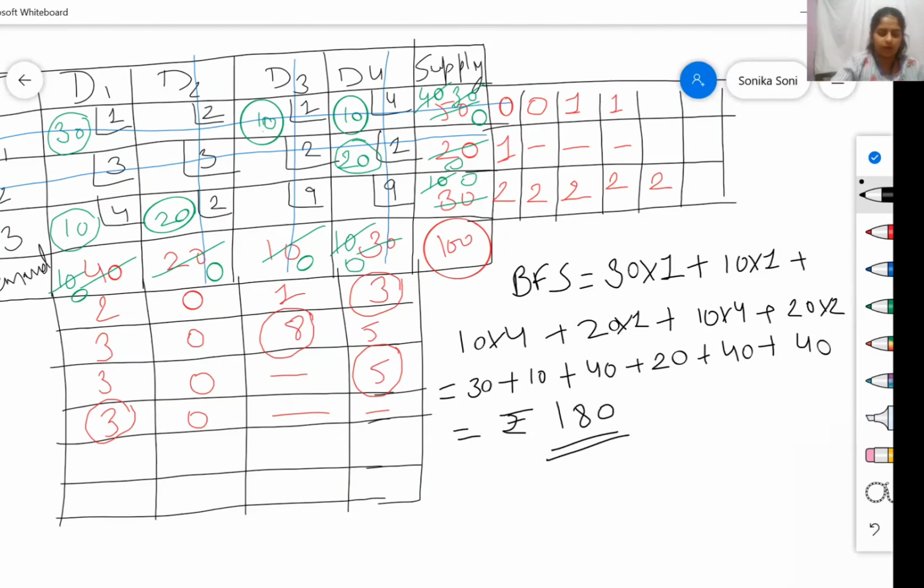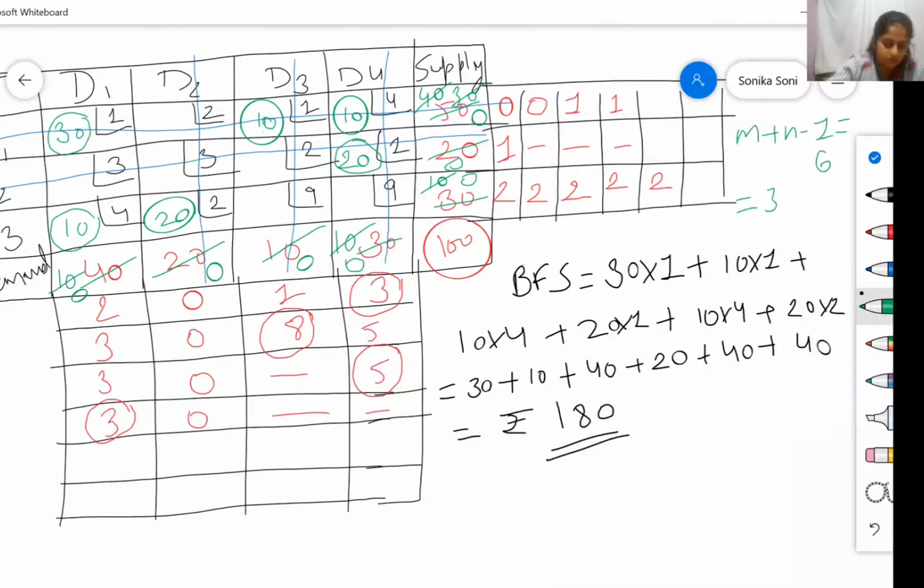And now we have to check the non-degeneracy part. We have to see the formula m plus n minus 1 should be equal to how many allocations we have. Totally 6 allocations we have. The m's are factories, the total number of factories.